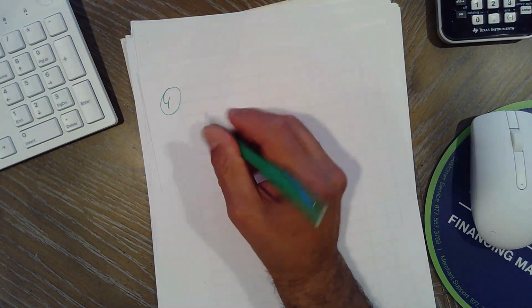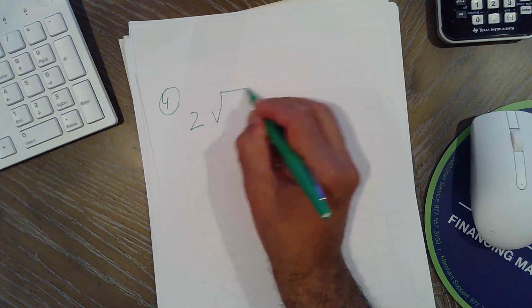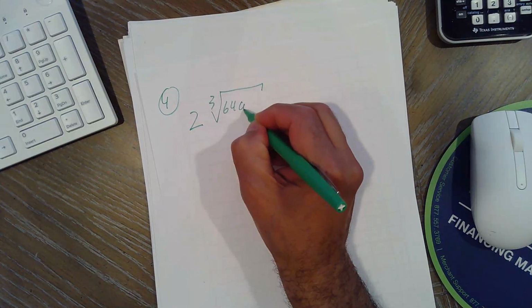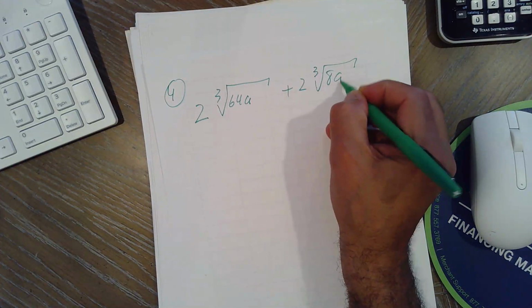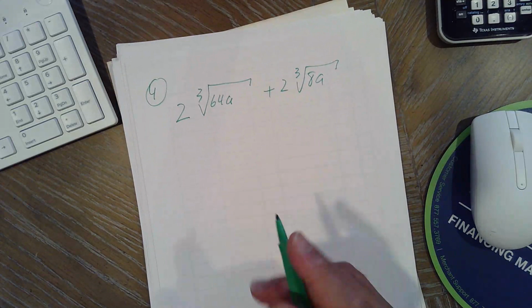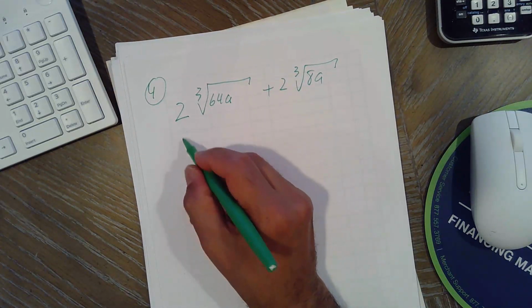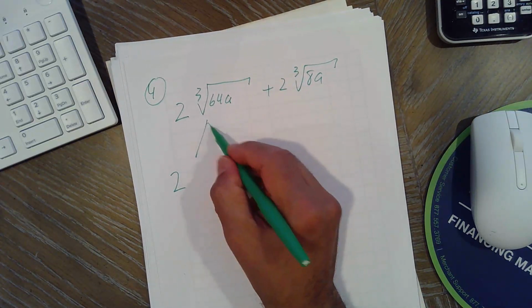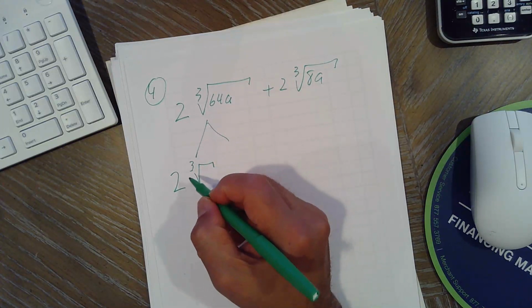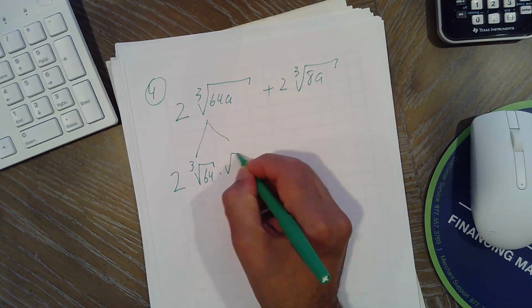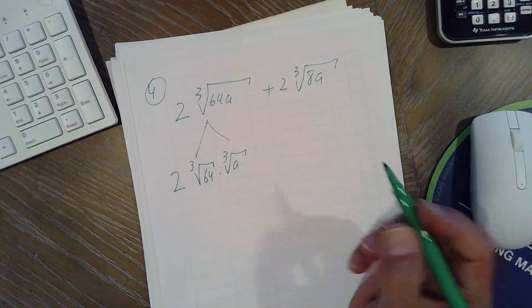Let's throw in some variables. 2 cube root of 64a plus 2 cube root of 8a. Simplify, then combine like radicals. Well, the 2 is on the outside, it gets pulled down. Now this is going to be a cube root of 64 times cube root of a. 64 is a perfect cube.